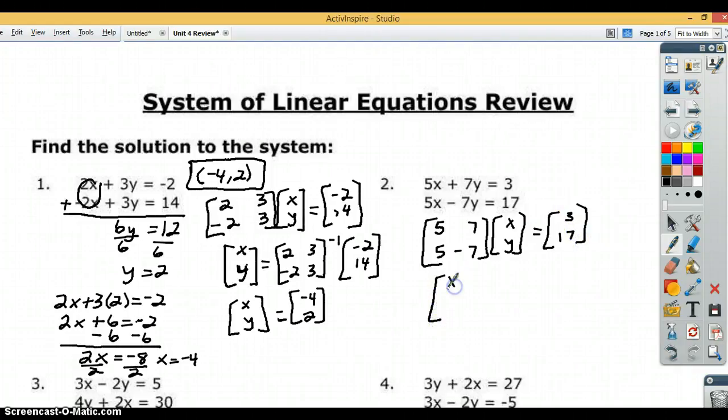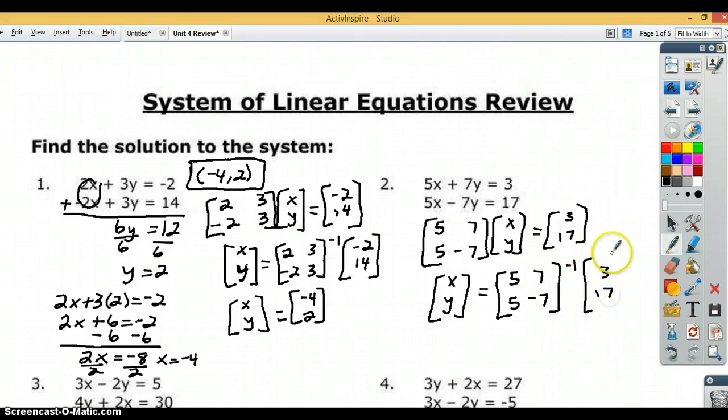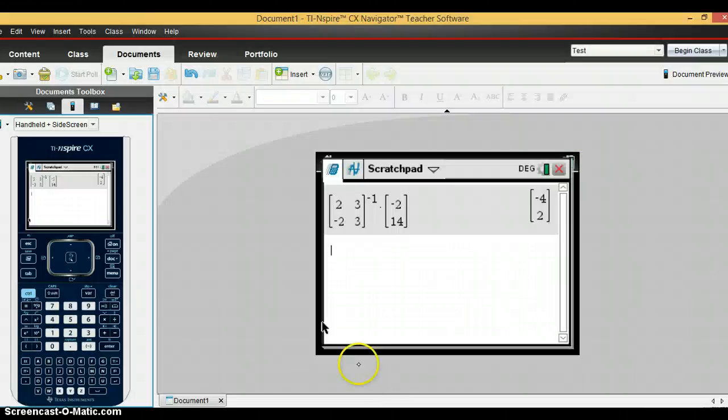So the way this would look is xy is equal to the inverse of our coefficient times our constant. Make sure that it is in this order. This order matters.